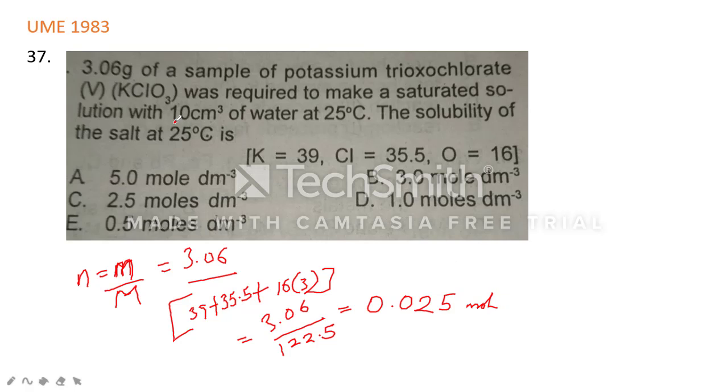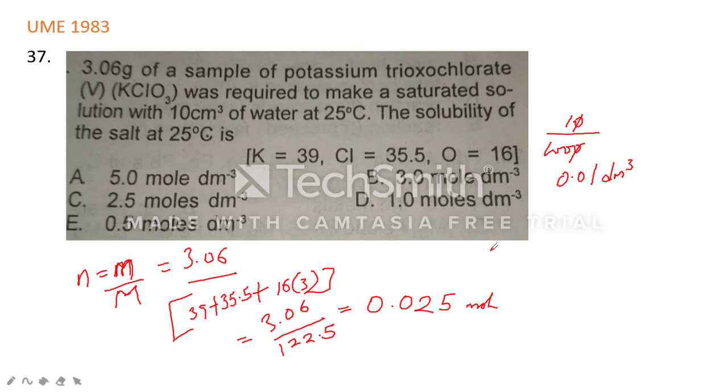Now it's dissolved in 10 cubic centimeters, so we need to convert it to dm cube. That will be 10 divided by 1000. As you all know how to do this, the units cancel, so I'll have 0.01 cubic decimeters.